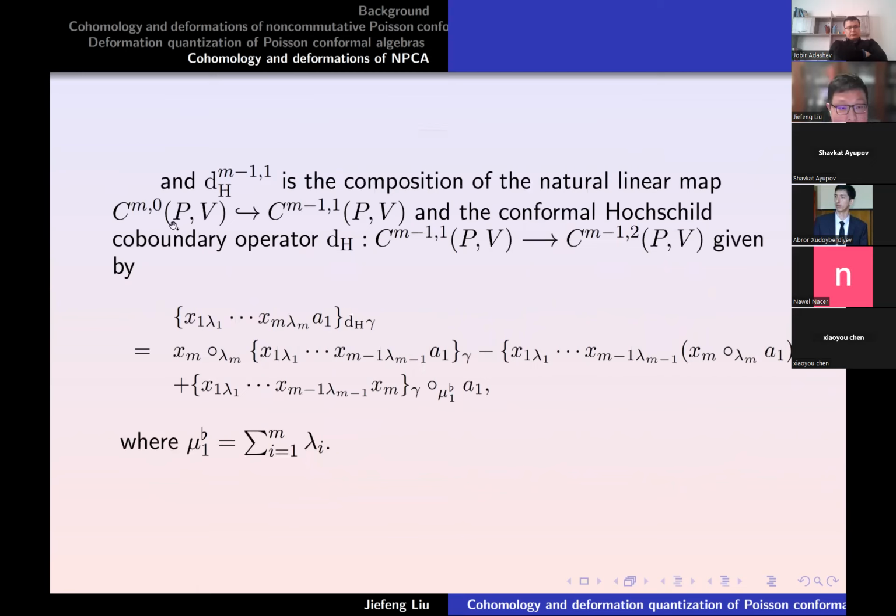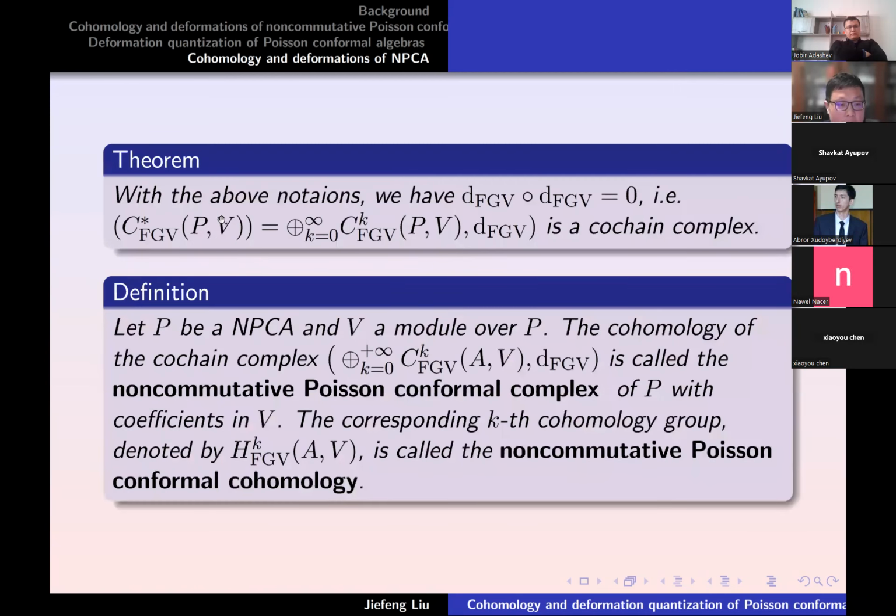This means we can expand this space into this space, and the conformal Hochschild coboundary operator D_H from this to this. Then we can obtain the D_H^{M minus 1}. With the above notations, we have D_FGV circle D_FGV is 0. That is, we obtain the cochain complex.